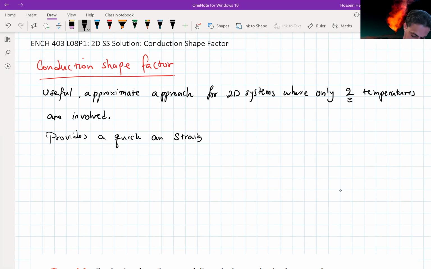The known parameters: T2 is the surface or ground temperature. T1 is the pipeline temperature, or the temperature of the liquid in the pipeline. D is the pipe diameter. And Z is the depth at which the pipeline is buried.